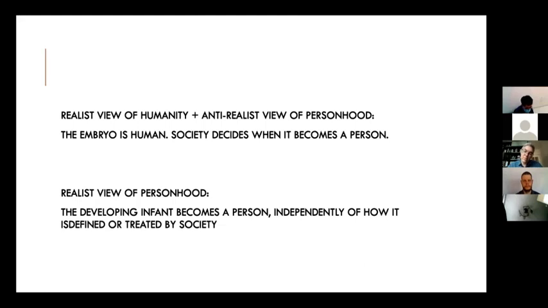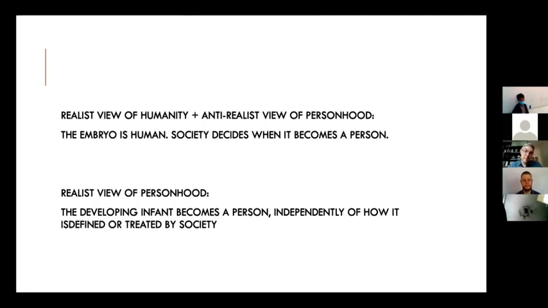And so all of this is decided by society. So this is an anti-realist view of personhood. So this is one way of looking at the issue. Now there's another way of looking at the issue of personhood, which is that actually the developing infant is becoming a person independently of how it is defined or treated by society.